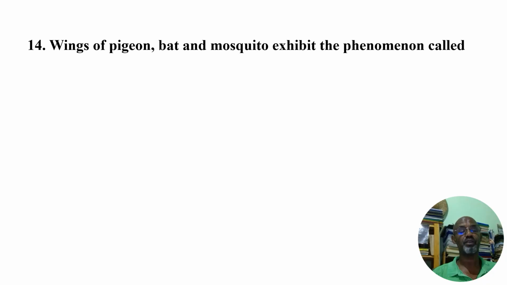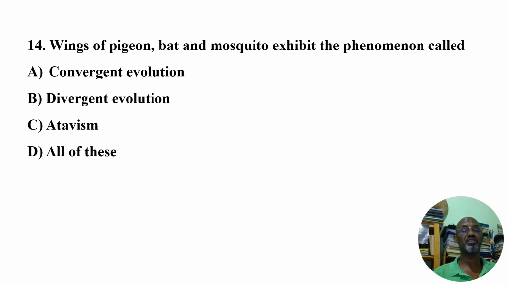Question number 14. Wings of pigeon, bat, and mosquito exhibit the phenomenon called convergent evolution, divergent evolution, atavism, all of this.